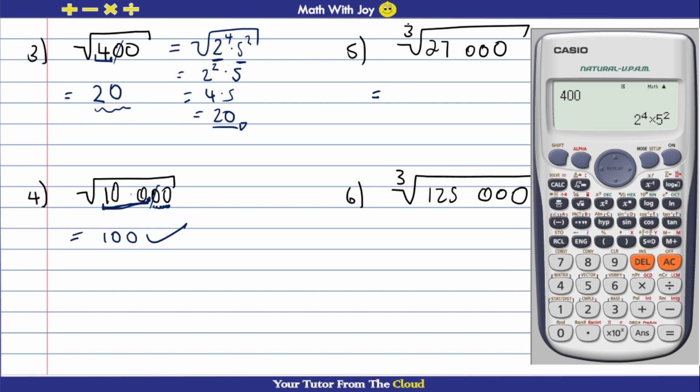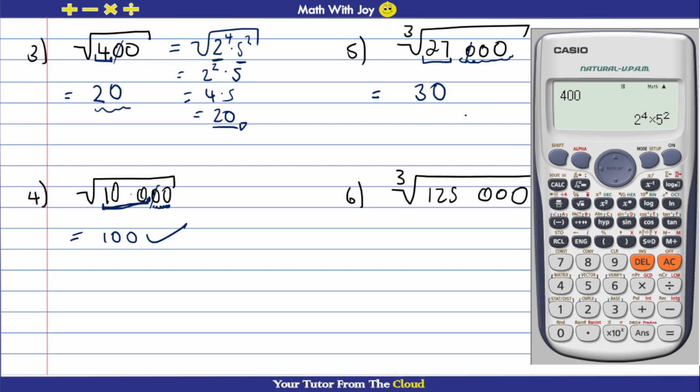If you have a cube root, you might know the cube root of 27 is 3. But because you've got 3 zeros there, you have to take out one of them. So 30. That means 30 times 30 times another 30 is going to give us this, because 3 times 3 times 3 is 27, and then you have to add these 3 zeros there.